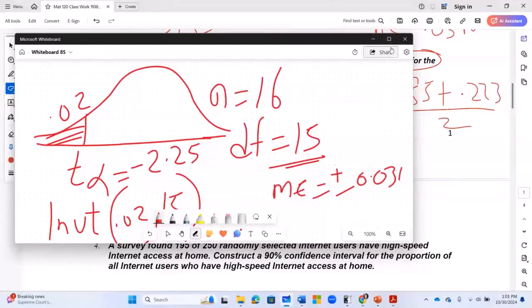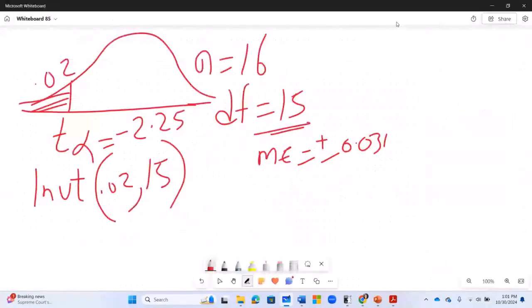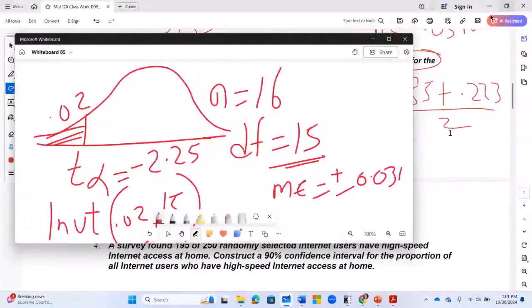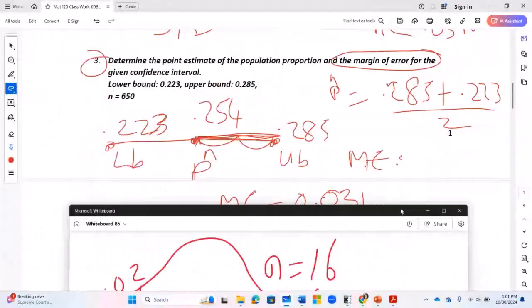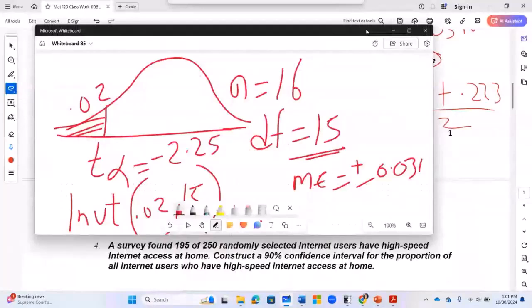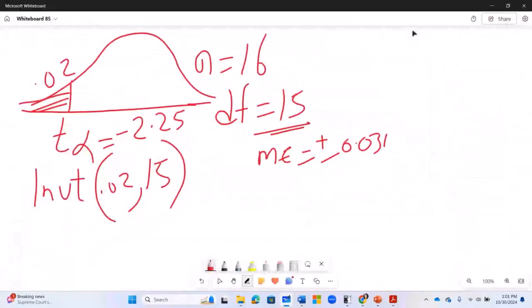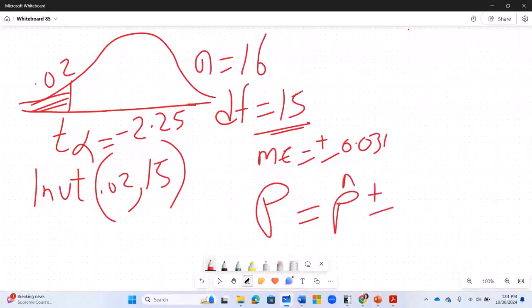Another way of writing this: I already know the point estimate. Suppose I'm given a 90% confidence interval. I can say that the population proportion is equal to the sample proportion plus or minus the margin of error.